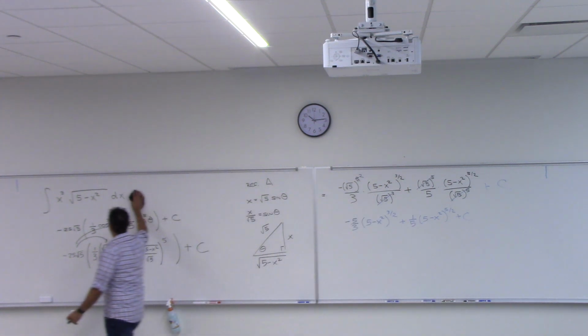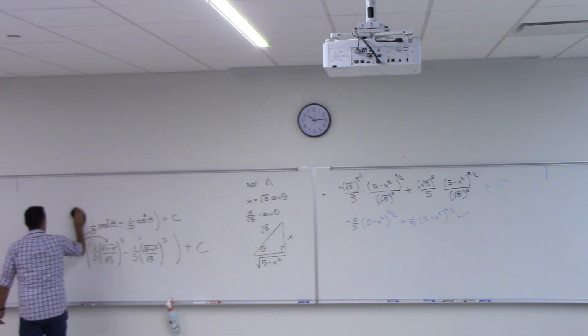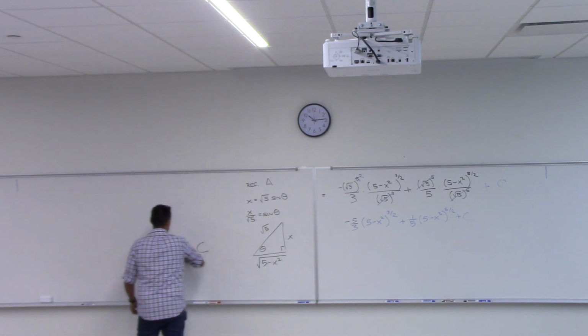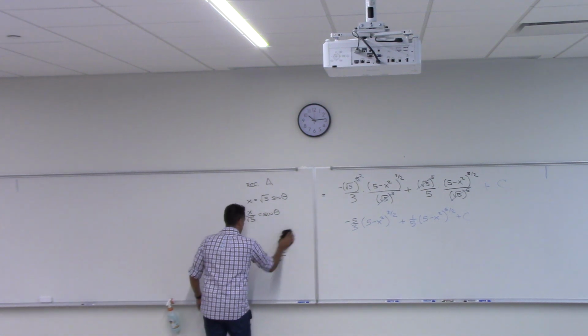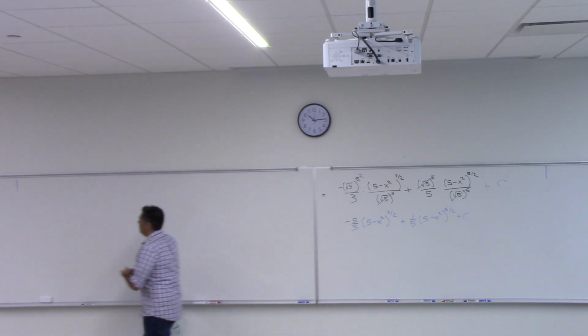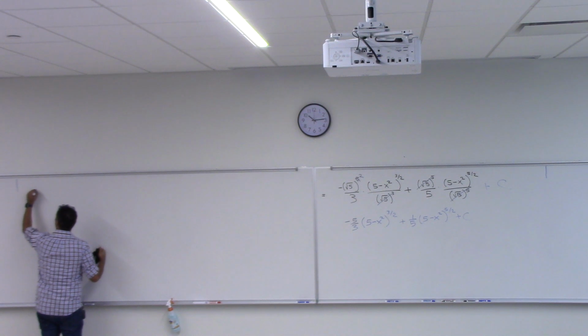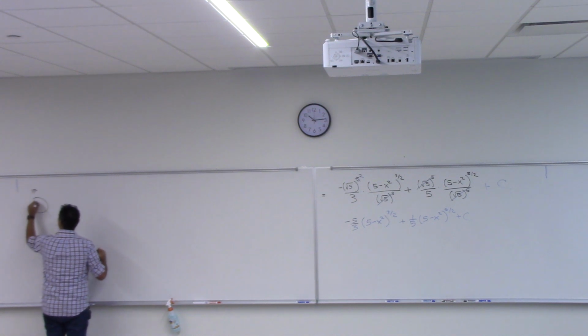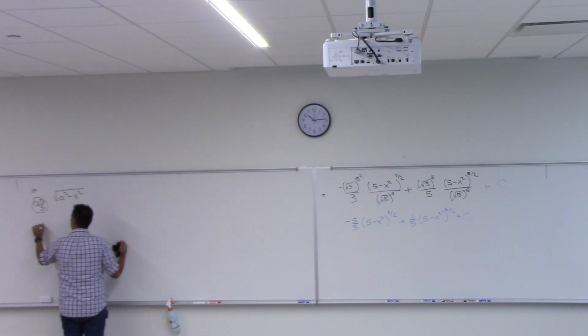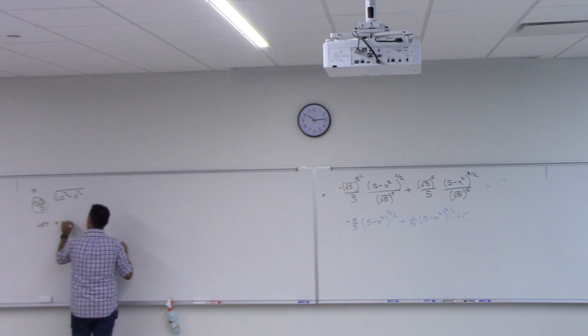All right, so we already know what to do if we see this, right? If we see this, then we let x be equal to a sine theta.